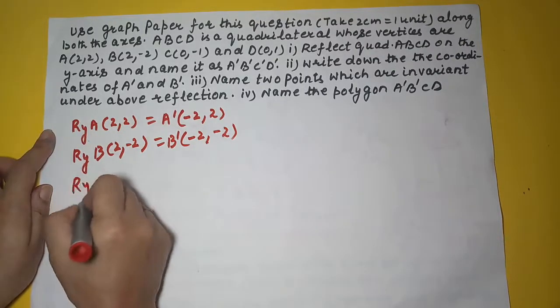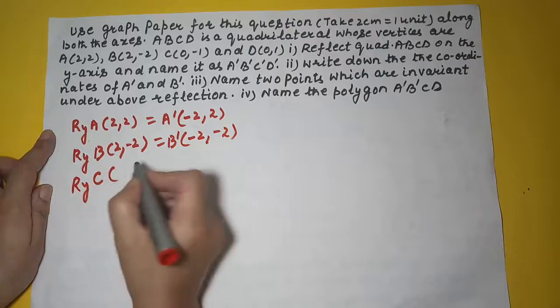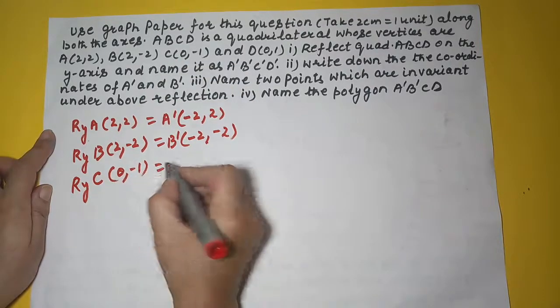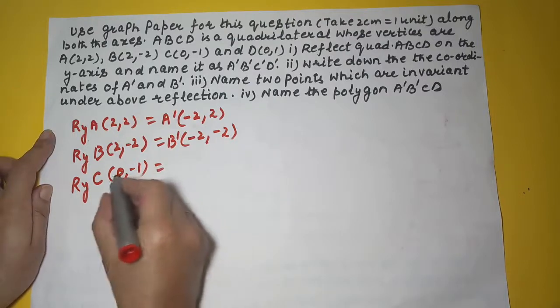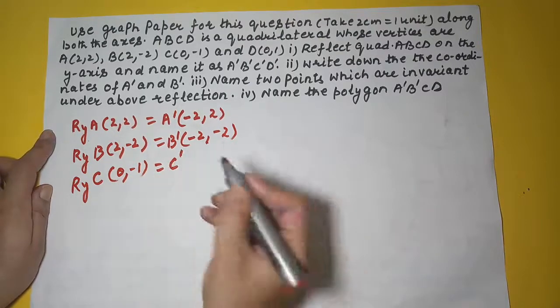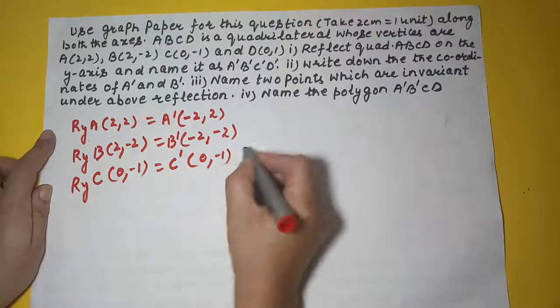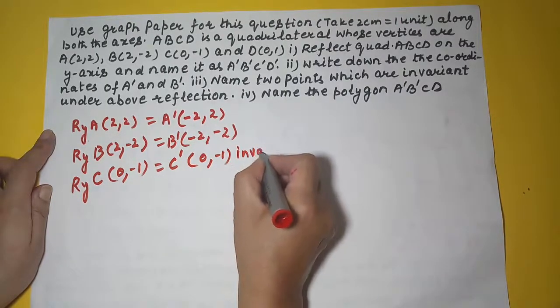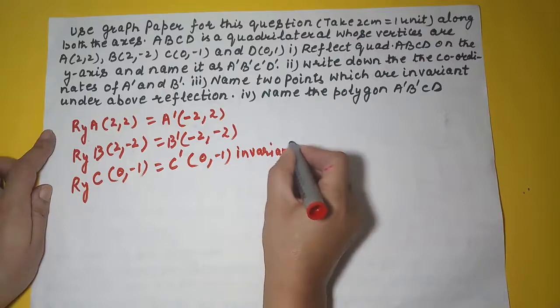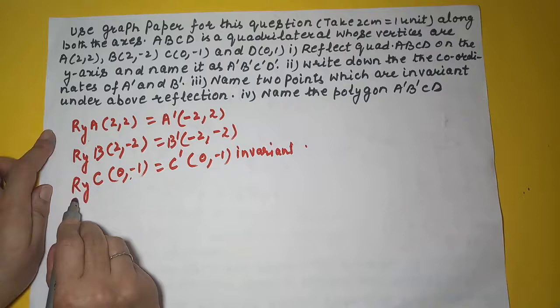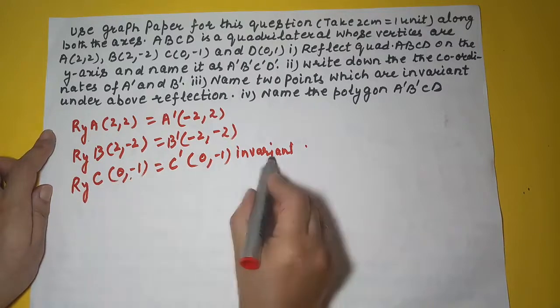Then reflecting point C, which is 0 and minus 1 along y-axis. So x coordinate will change. So it will give me C dash, and C dash will be 0 and minus 1. So it will be invariant. There is no change when you have reflected this point along y-axis, right? So along y-axis, if you are reflecting point C, it is invariant.